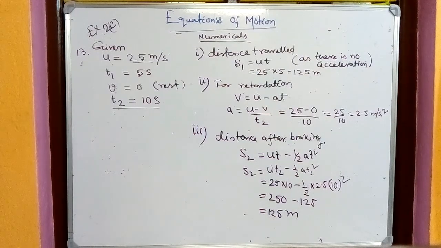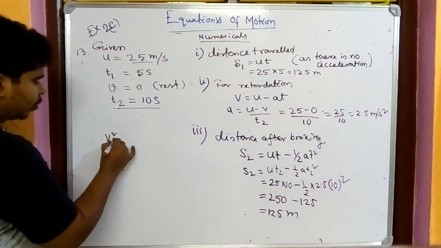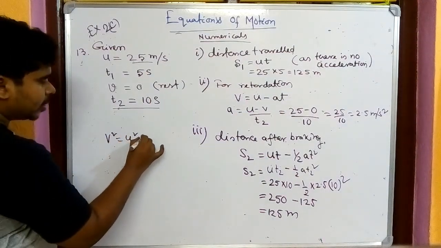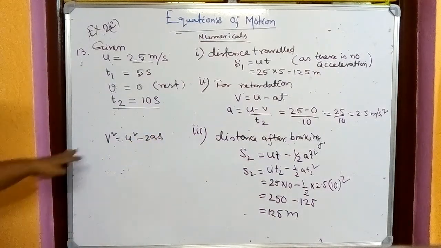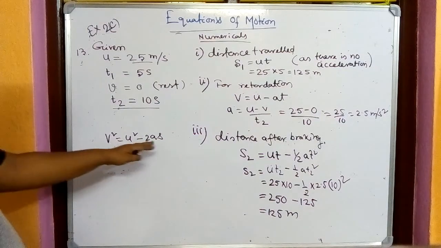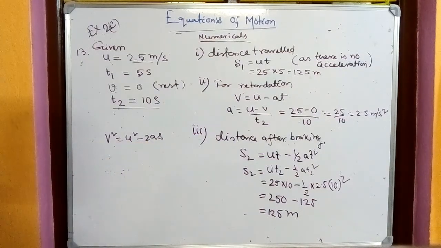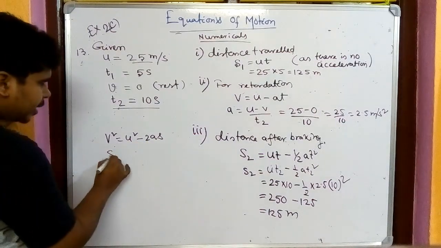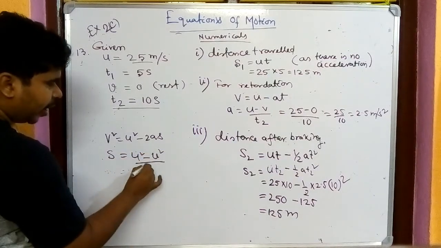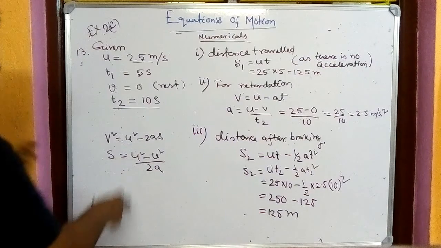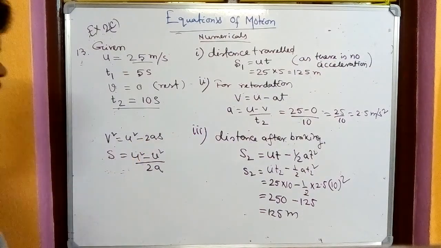Now you may ask, sir, can we do it by another equation, that is v square equals u square minus 2as? This is also an equation. Here no time is there, but the rest of the things we know. Yes, we can do it. Here you see s equals (u square minus v square) by 2a.